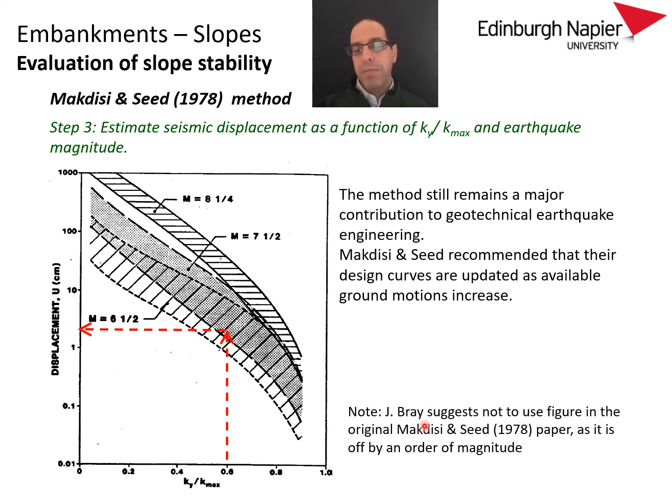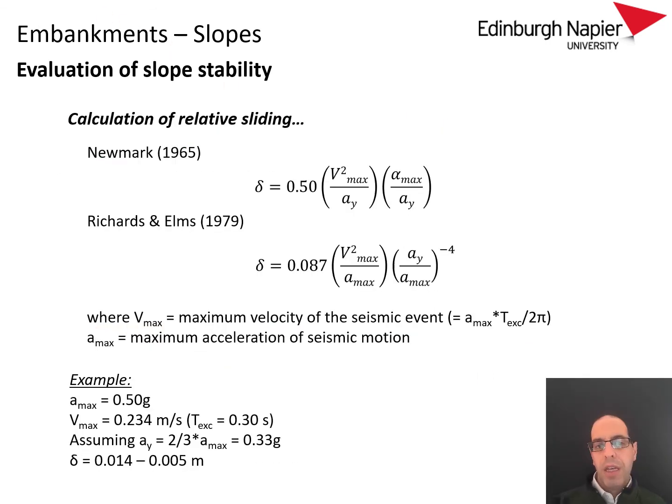And you can see that people like Jonathan Bray suggest some modifications that may be applicable. Simpler methods like the Newmark one, what does it consist of, using the sliding block? Well, you calculate the maximum velocity and the maximum acceleration as well as the critical acceleration that actually will produce movement, and then you can estimate the displacement.